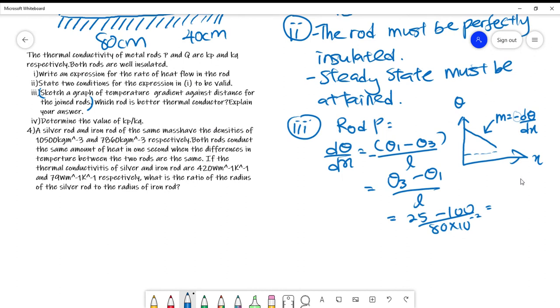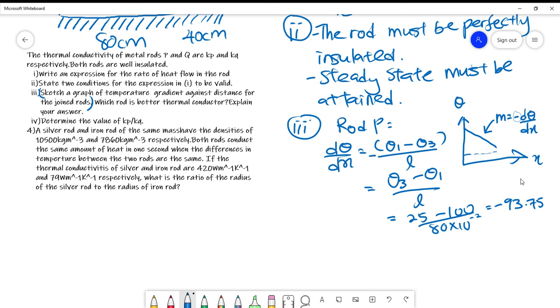So 25 minus 100 divided by 80 times 10 to the power negative 2, and what I get is negative 93.75. Okay, yeah, this is the temperature gradient for root P.